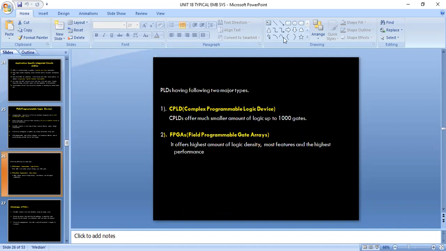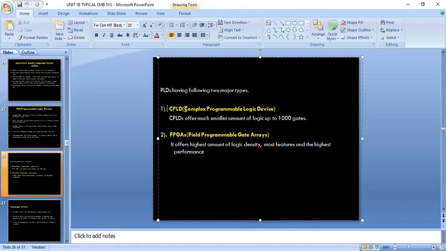I need to connect 10 PLDs. So for overcoming that drawback, if it is a bigger logic, they invented CPLD. They have taken some 10 PLDs, combined them together, and made a CPLD, complex programmable logic device.